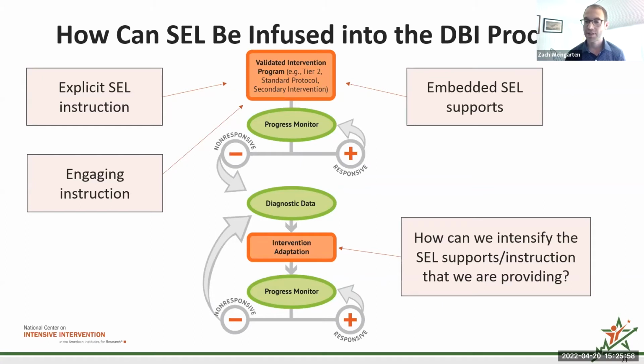Really providing engaging instruction is a core component of delivering with fidelity. We want to make sure that students are engaged, and we want to provide high rates of opportunities to respond to instruction, lots of opportunities for students to practice skills and receive feedback. And so we want to make sure that we're focused on providing that engaging instruction in our tier 2 validated intervention program. And then we have embedded SEL supports and explicit SEL instruction.